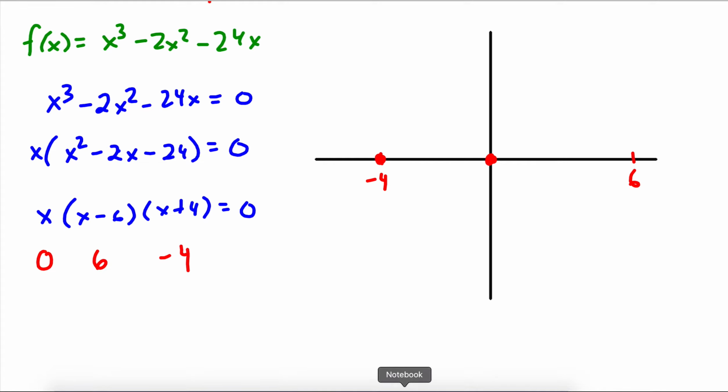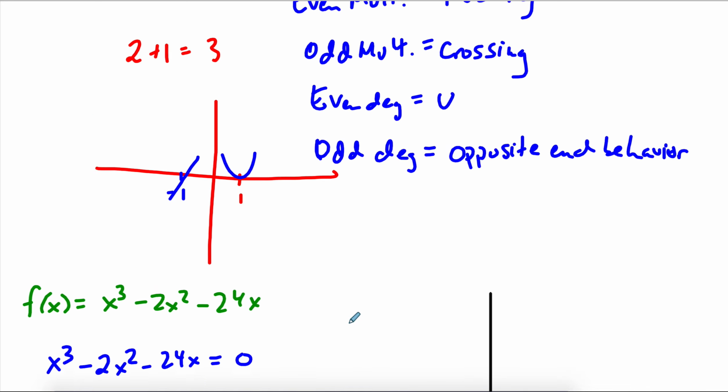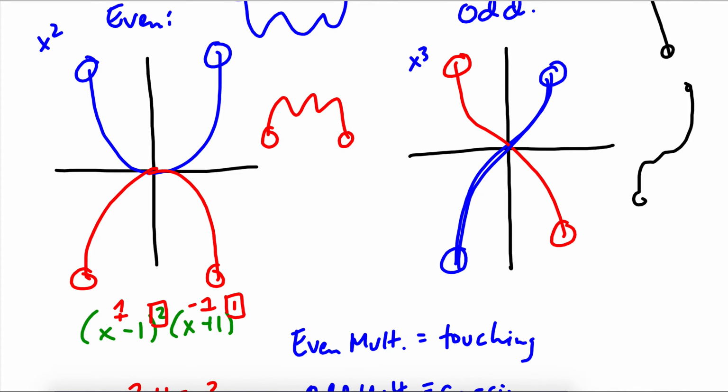And we also notice from this function that it's a positive cubic because our leading term is positive and cubic. What that means is it's going to follow the end behavior that I showed you up here of this blue function right here. So it's going to start on the negative side of the y-axis and end up on the positive side.